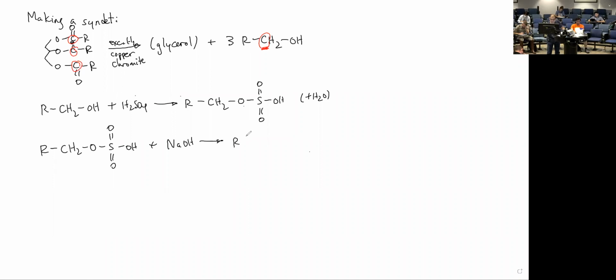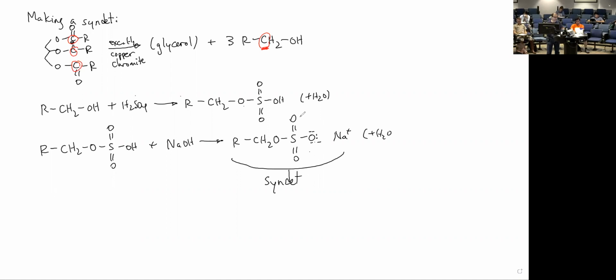And you will get the sodium salt of the alkyl sulfate, Na+, and of course you will also get a water molecule. And it's this species here, that's your Syndet, that's your synthetic detergent.